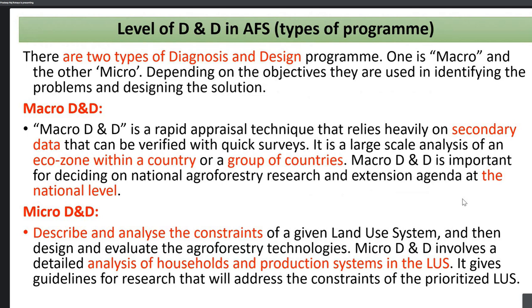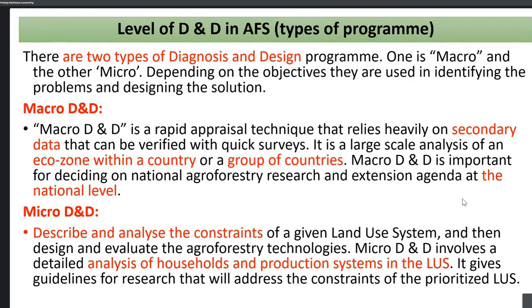Macro D&D is a rapid appraisal technique that relies heavily on secondary data that can be verified with a quick survey. It is a large-scale analysis of an ecozone within a country or a group of countries. Macro D&D is important for deciding a national agroforestry research and extension agenda at the national level. Whereas micro D&D describes and analyzes the constraints of the given land use system and then designs and evaluates the agroforestry technology.